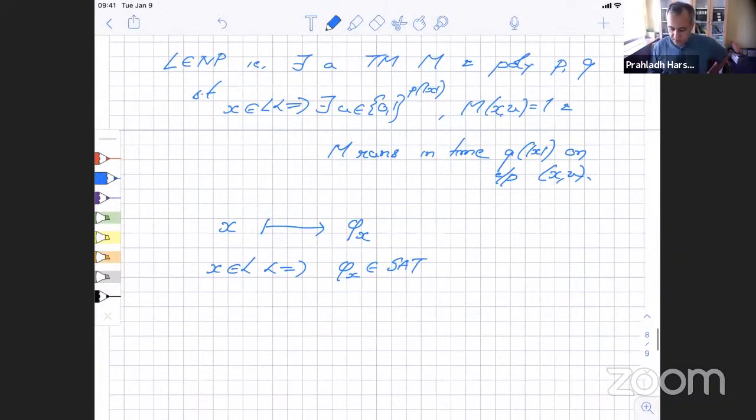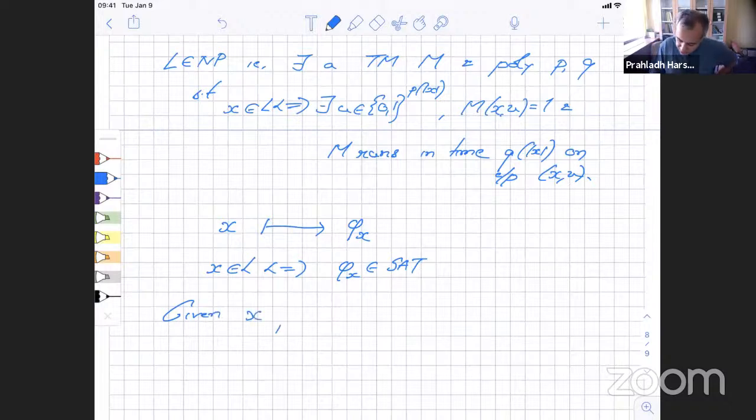So given an x, we need to construct phi_x.